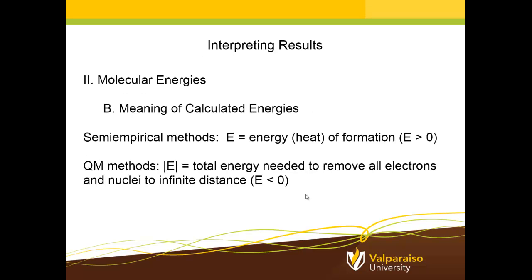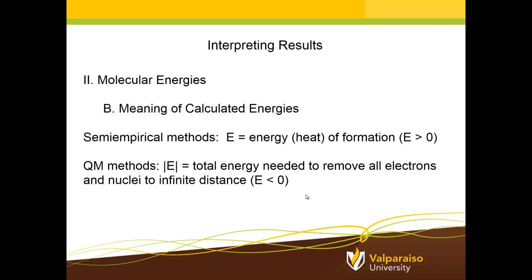Now, what do the molecular energies that Gaussian calculates mean? The answer depends on whether you're using a semi-empirical method or a more rigorous quantum mechanical method. In a semi-empirical method, and one that is often used in Gaussian is called AM1, the energy that's reported is actually a positive value.